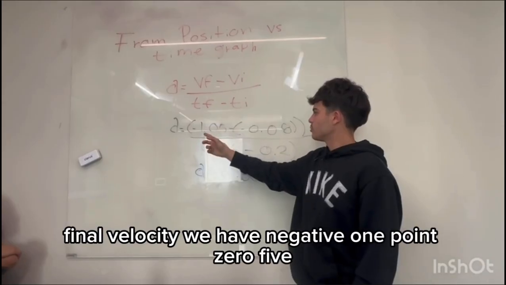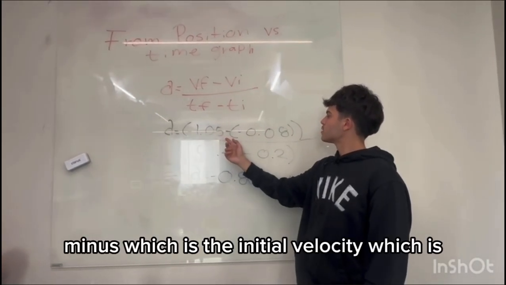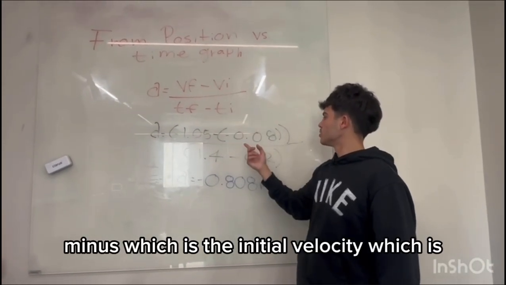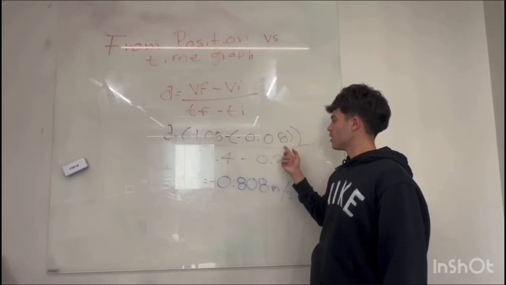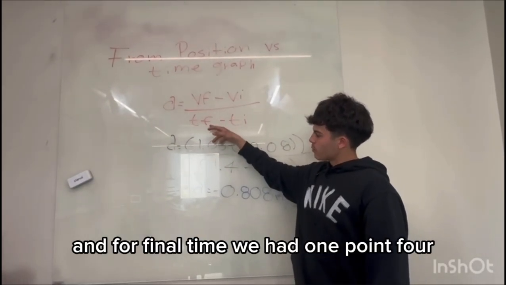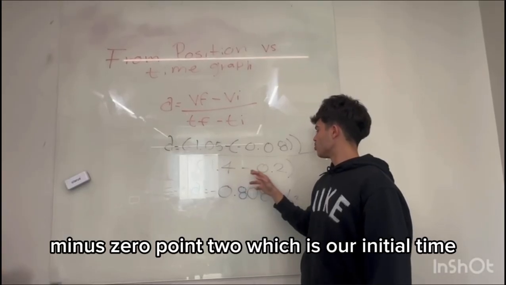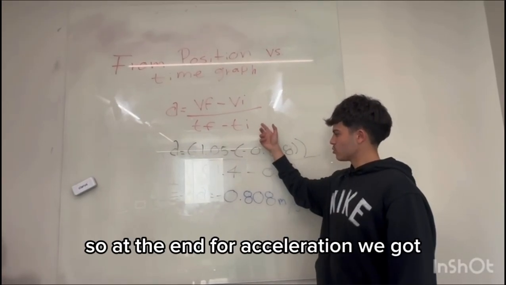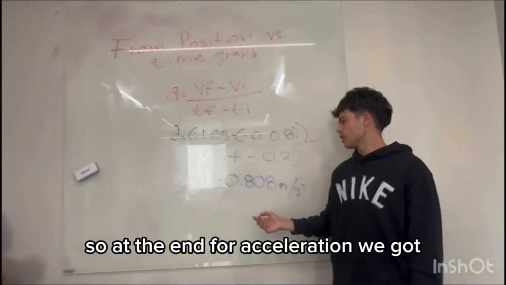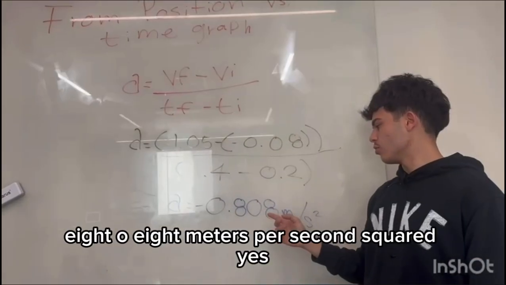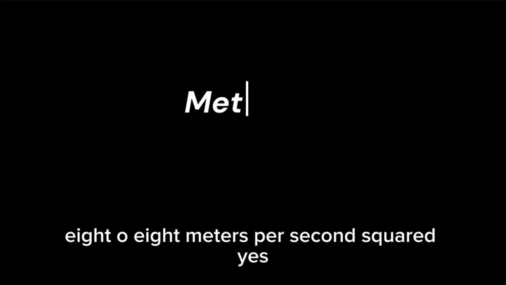So negative 1.05 minus negative 0.08, divided by 1.4 minus 0.2. At the end, for acceleration, we got negative 0.808 meters per second squared.